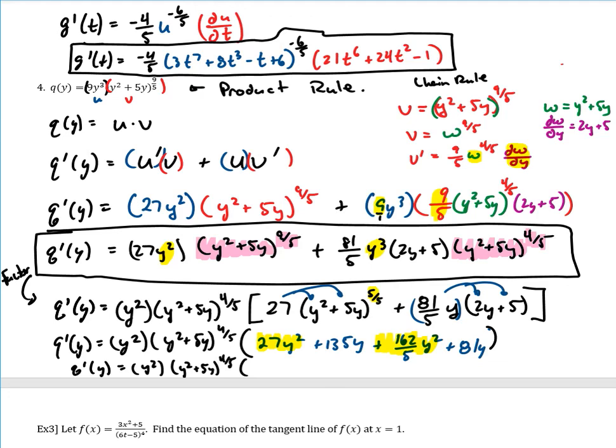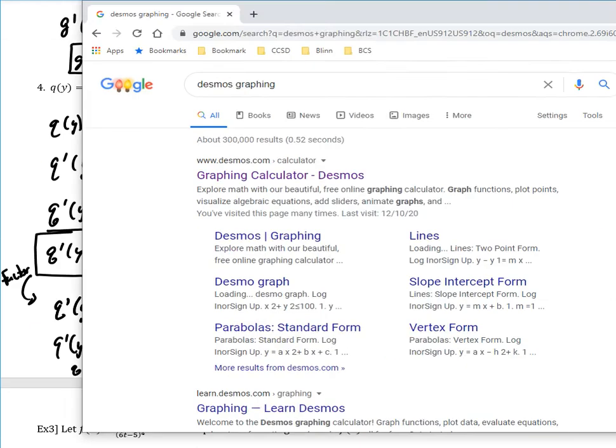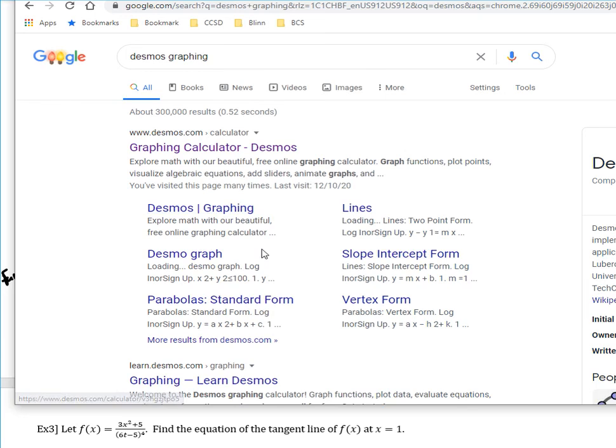Okay, so it looks like I would need a common denominator. We could use a calculator when we can. So let's go ahead and do that. And if you want to just move forward, you don't have to wait for me. You could do all this too. Okay, so Desmos.